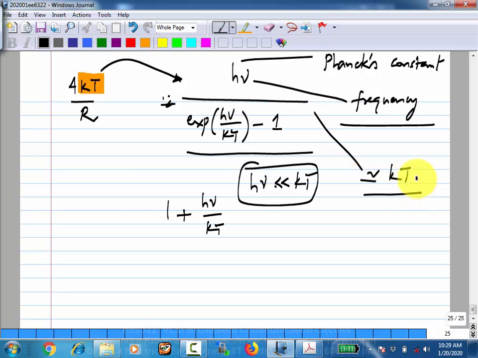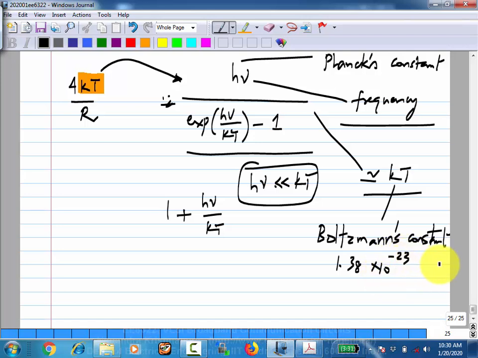By the way, in kT, the k is Boltzmann's constant. How much is that? 1.38 times 10 to the minus 23 joule per Kelvin. And T for room temperature, we take it to be 300 Kelvin.